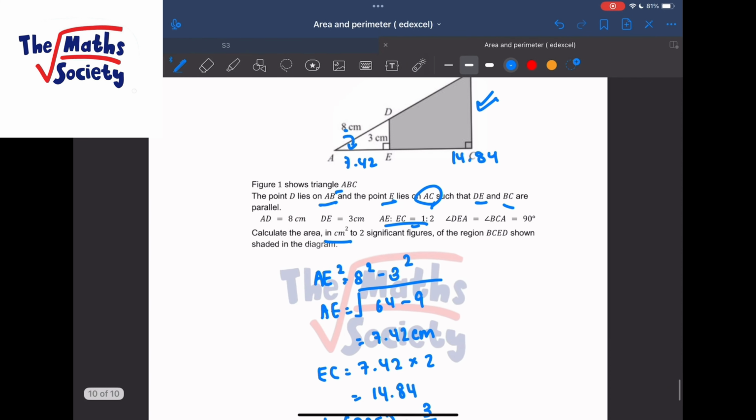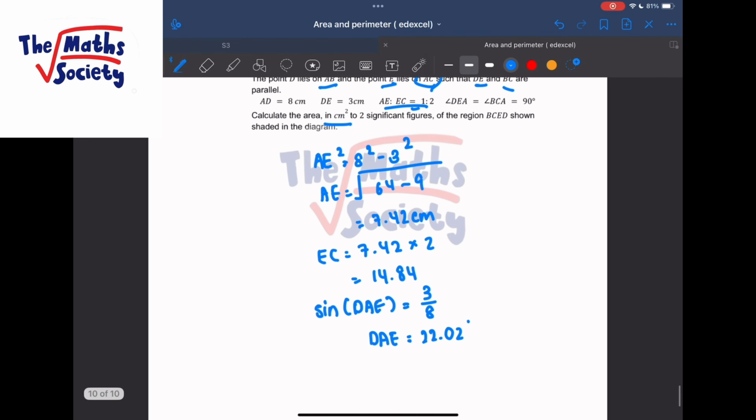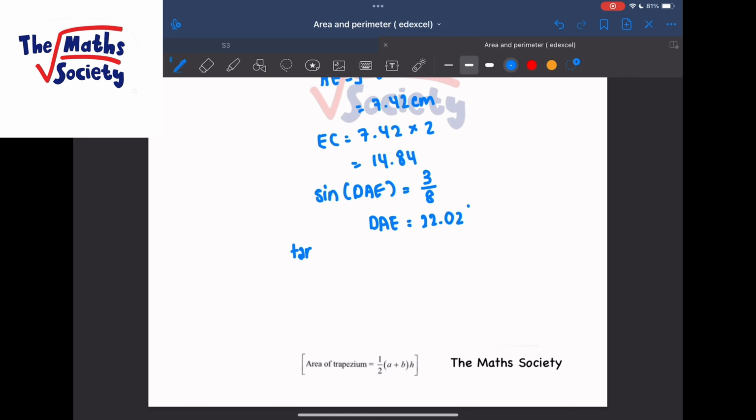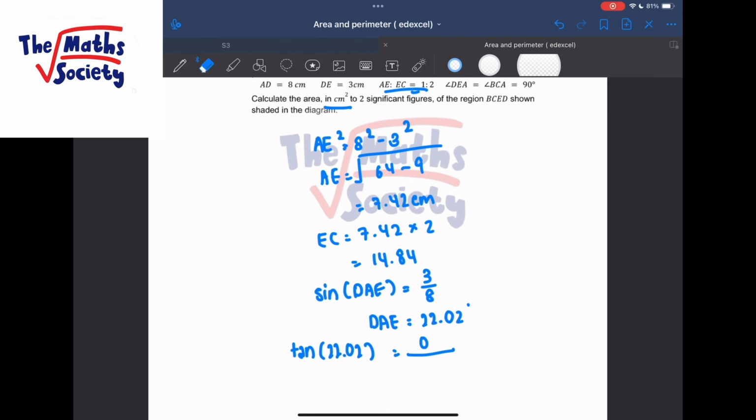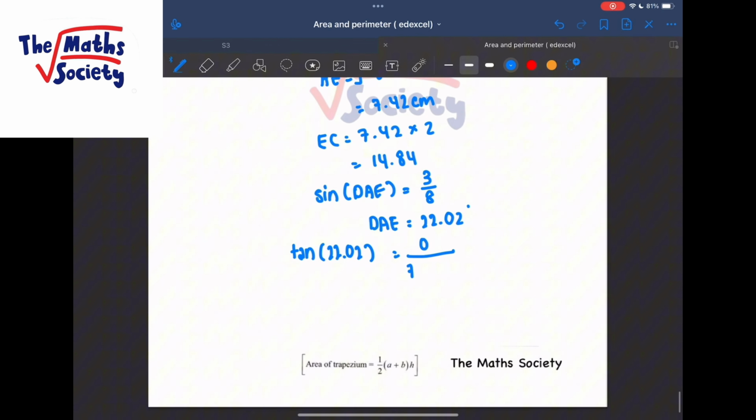And now we can use tangent to find this one. So tangent 22.02 equals O by A, and A would be 7.42 plus 14.84, which will give you an answer of 8.999, so it's around 9.